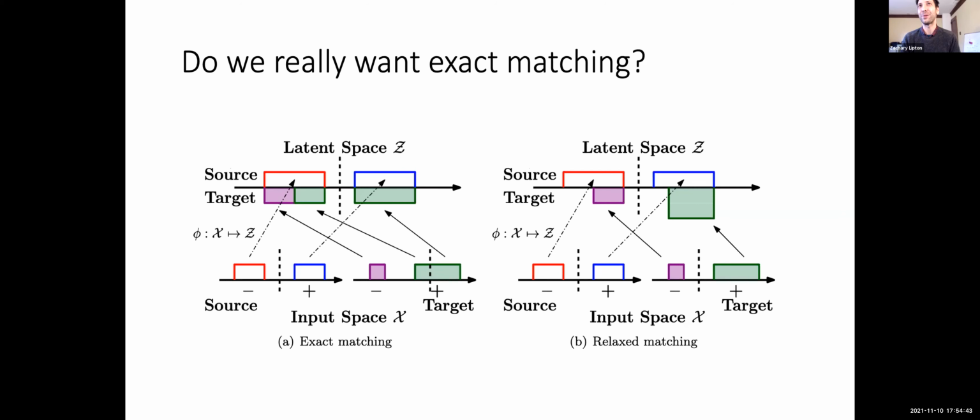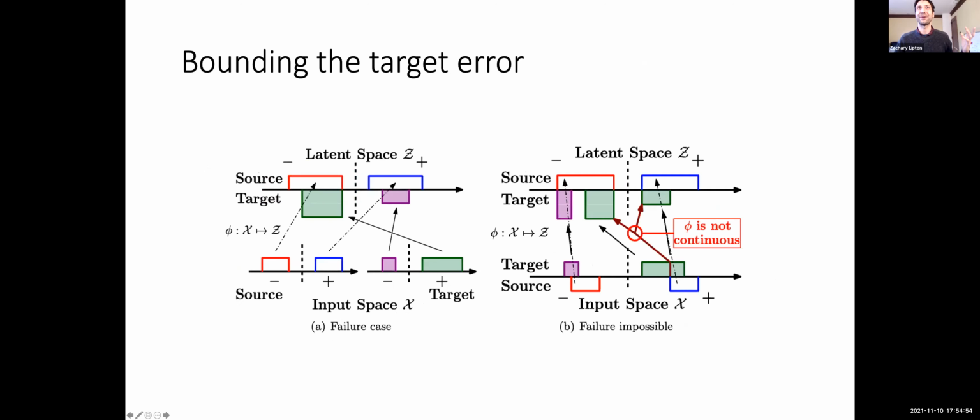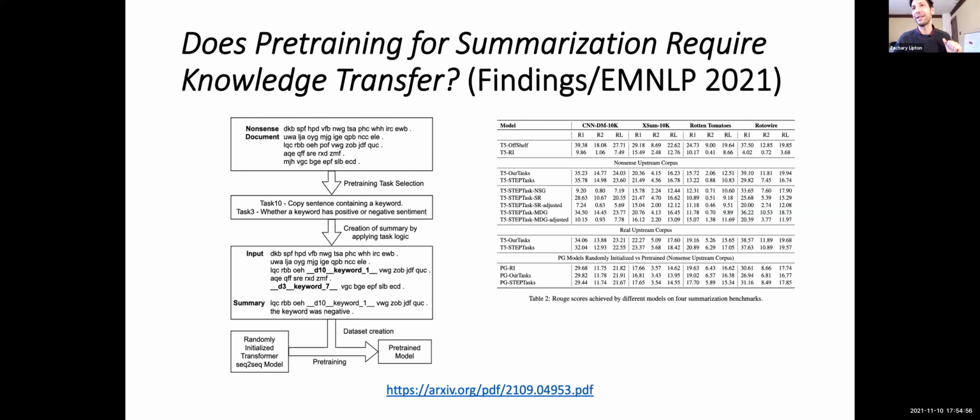So they don't even know the difference between this one proposed family of approaches and the underlying problem. And the proposed family of approaches doesn't actually solve the problem, or at least not in its current form. That's another negative result that we had. And finally, the last thing I'll mention is that we have a lot of stories about pre-training, and the stories that people tell are mostly about knowledge transfer.